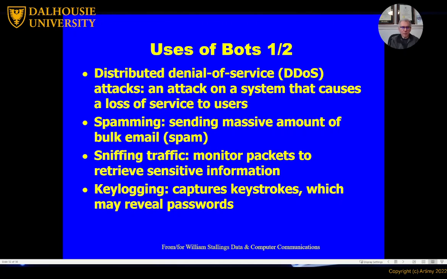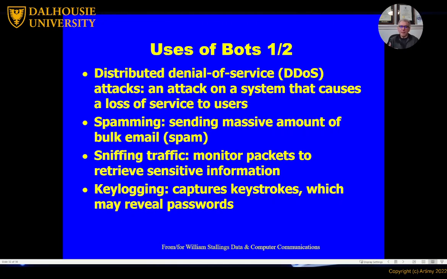So, the uses of bots. One of them is the denial of service attack, which I just described. Another use is spamming, sending massive amounts of spam or bulk mail. Spam is an annoying form of advertisement, but sometimes it is even more harmful than that. Probably you have seen it. Somebody is trying to sell drugs, or sometimes components, or advertising some merchandise.